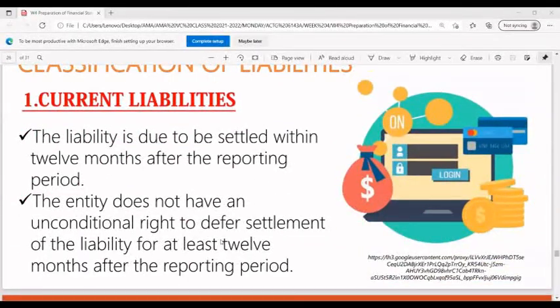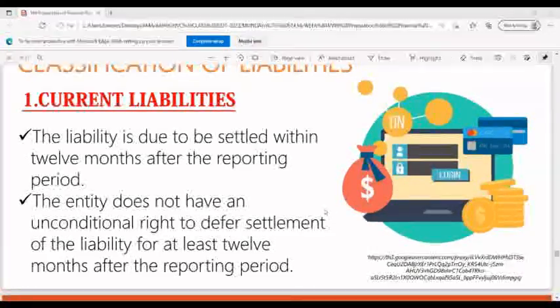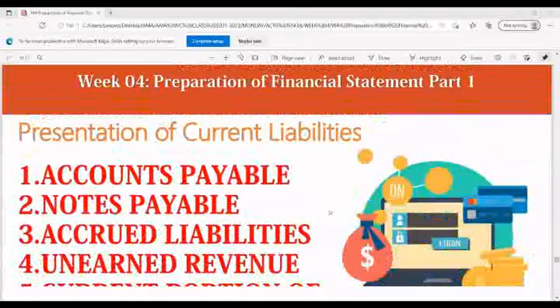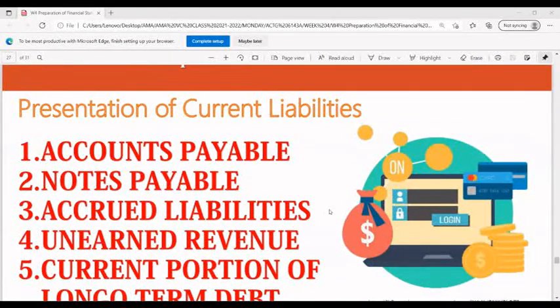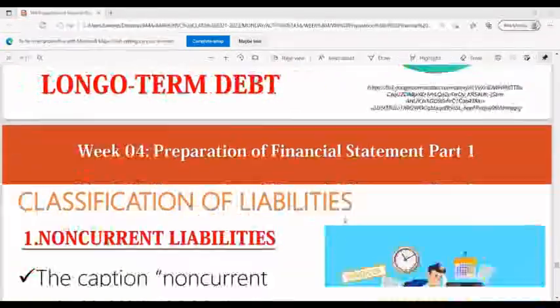For current liabilities, the liability is due to be settled within 12 months after the reporting period, and the entity does not have an unconditional right to defer settlement of the liability for at least 12 months after the reporting period. So, presentation of current liabilities: accounts payable, notes payable, accrued liabilities, unearned revenue, and current portion of long-term debt.